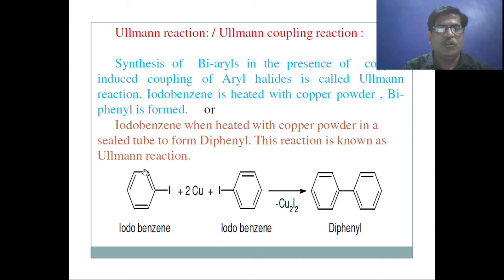Here iodobenzene is taken as the example: in the presence of copper, two moles of iodobenzene undergo coupling, cuprous iodide is removed, and biphenyl, or bi-aryl, or diphenyl is formed. This is the simple Ullmann reaction, and the resultant product is biphenyl.